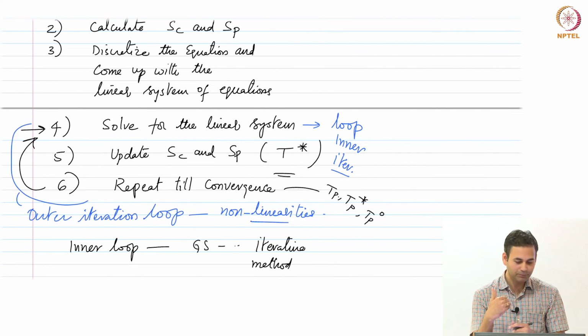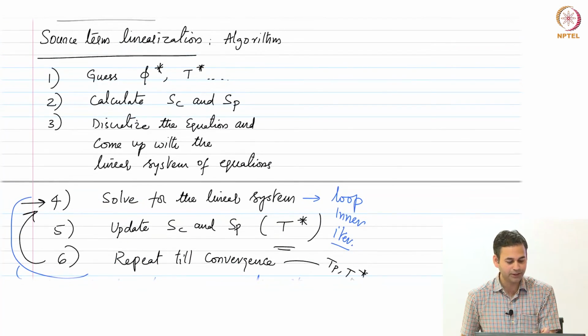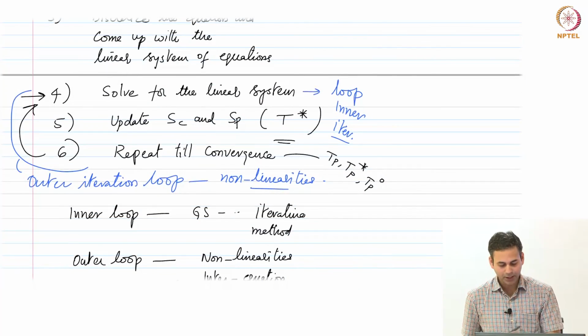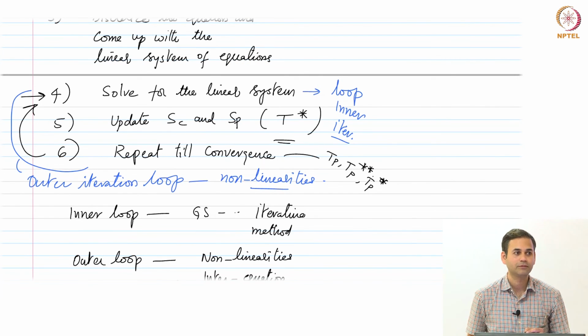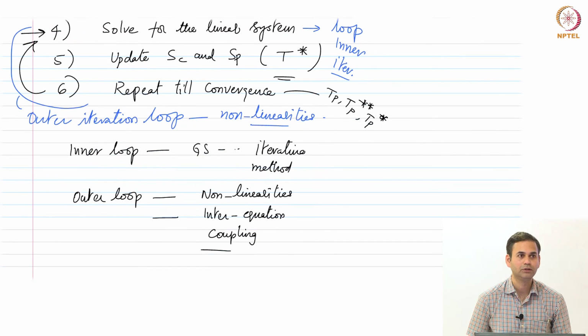So you compare TP old, which you started off with, with this T star, and we can call the inner loop result T double star. That value should be converged, it should not change more than some epsilon. Is that clear? The difference between outer loops and inner loops, okay, fine.